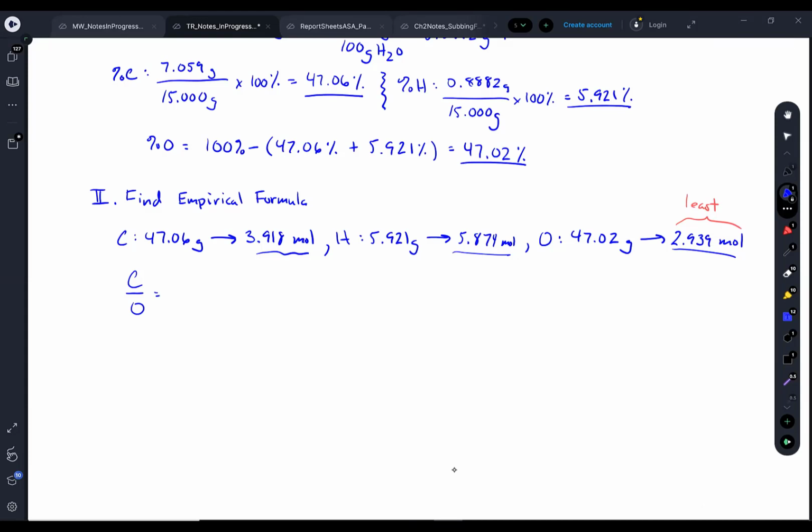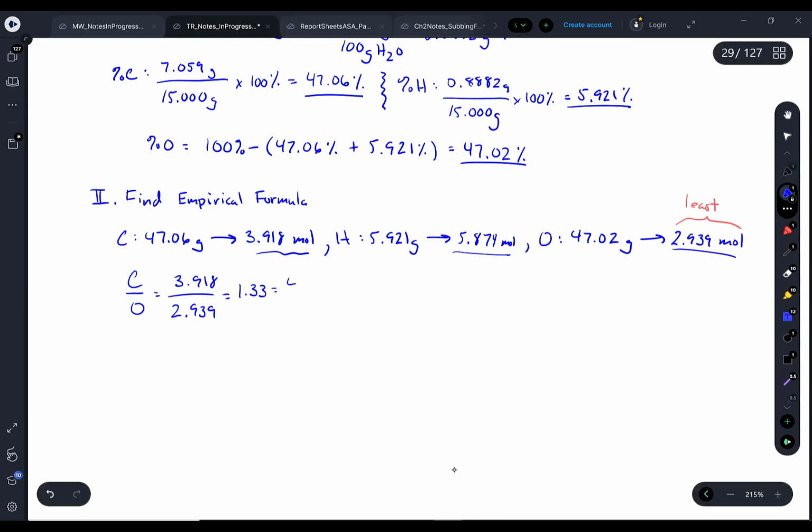So carbon to oxygen is 3.918 to 2.939. Is 1.33, which is what as a fraction? Yeah, 1 1/3 is 4/3, correct?